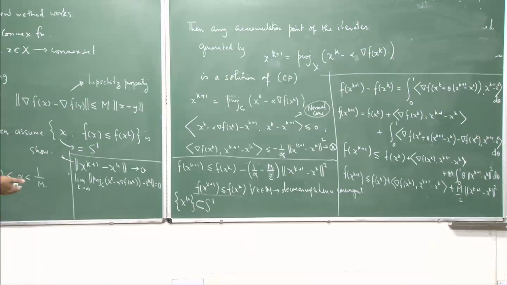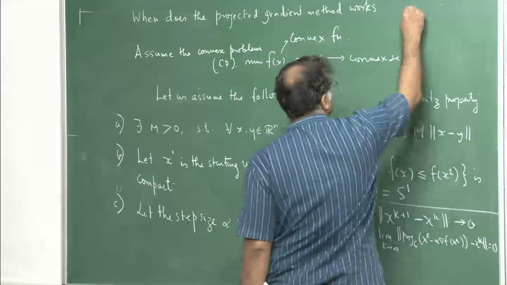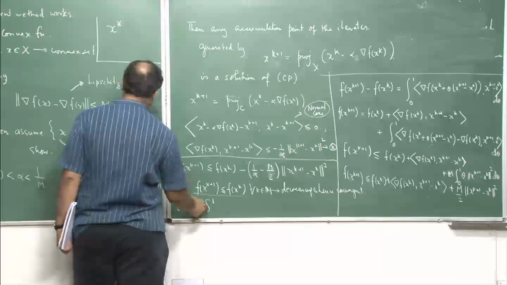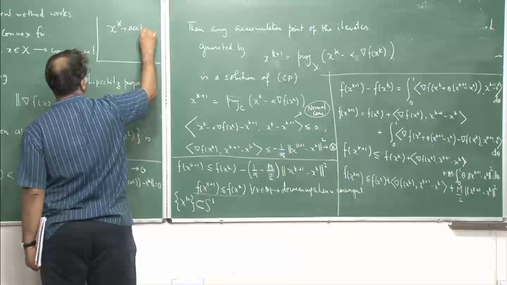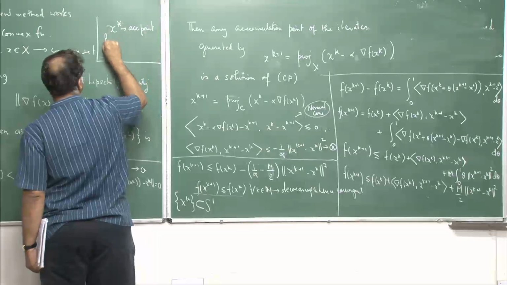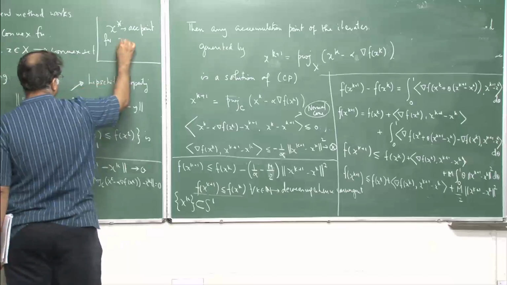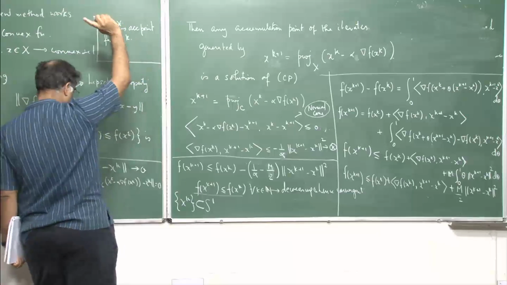Now, let x star be the accumulation point. So x_k is in S1 which is bounded, so x star is an accumulation point for x_k. That is, there is a convergent subsequence of x_k which goes to x star.